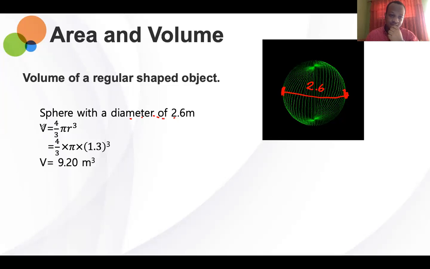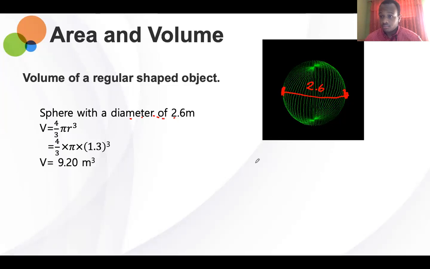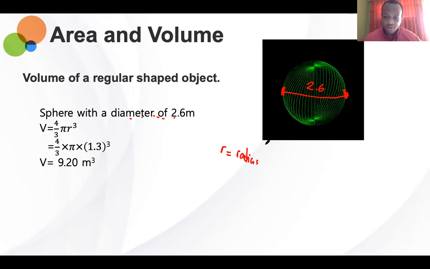The formula says that the volume of a sphere is 4 over 3 times pi times r cubed. What is r? Radius. Right. So r is our radius. So what is our value for r? Or how do we calculate r?